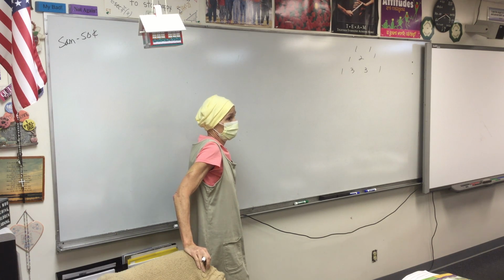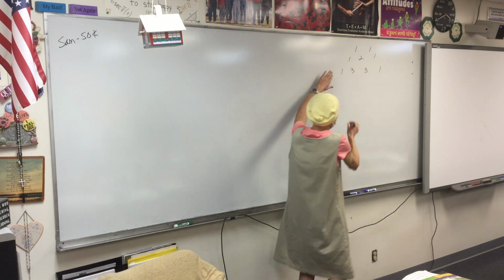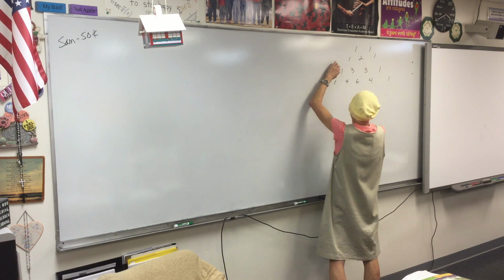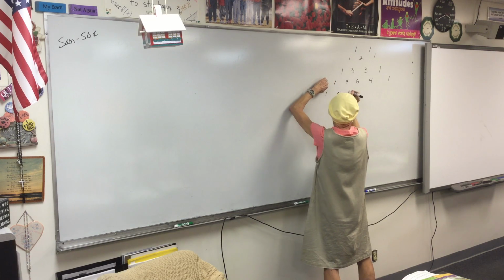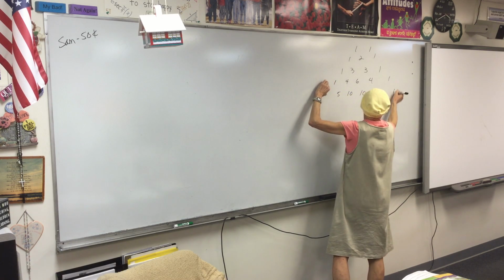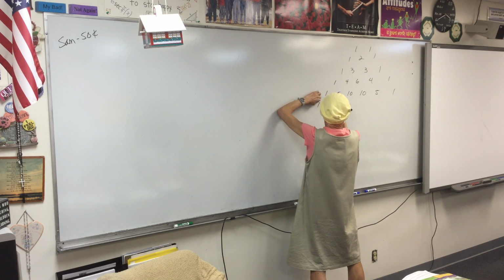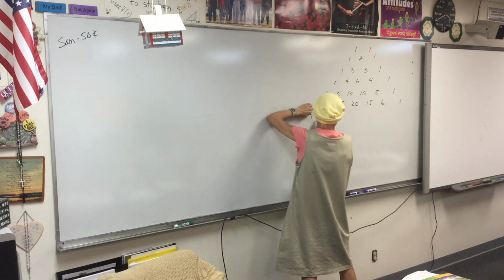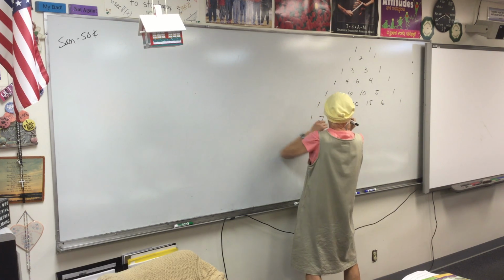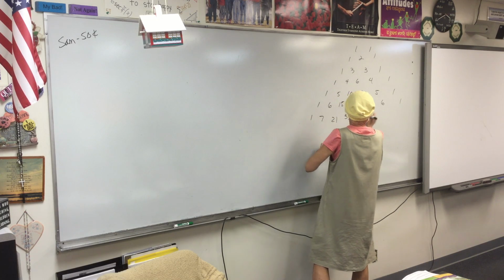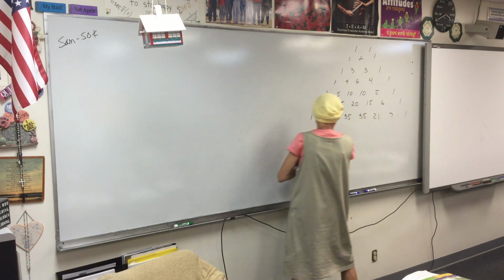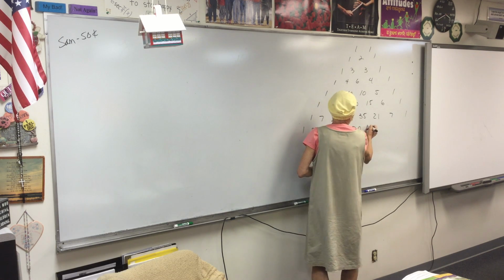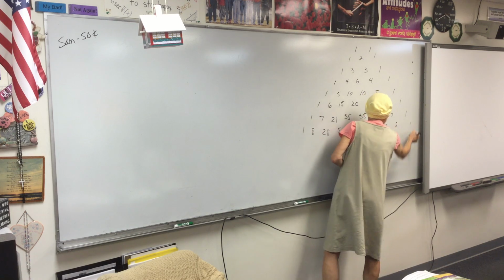It's going to be big. So help me out. What's the next row? 1, 4, 6, 4, 1. 1, 5, 10, 10, 5, 1. 1, 6, 15, 20, 15, 6, 1. 1, 7, 21, 35, 35, 21, 7, 1. 1, 8, 28, 56. Oh my goodness gracious.